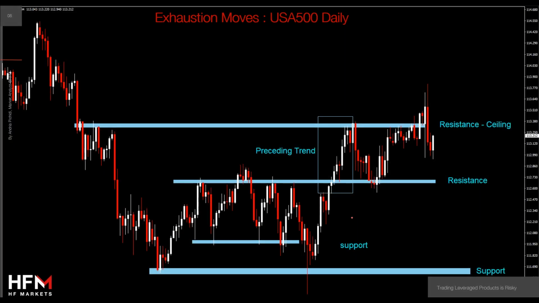So more examples over here in the S&P 500 daily chart. The very first step that you need to do, guys, is spot your immediate support and resistance levels, and the long-term ones.